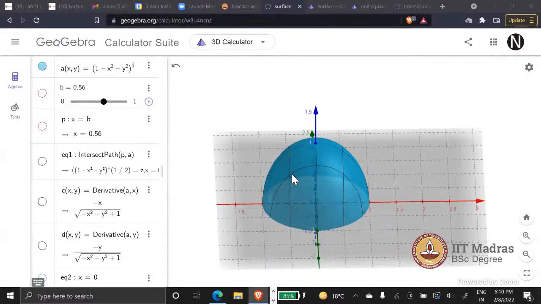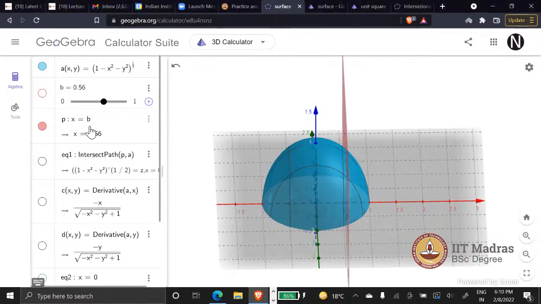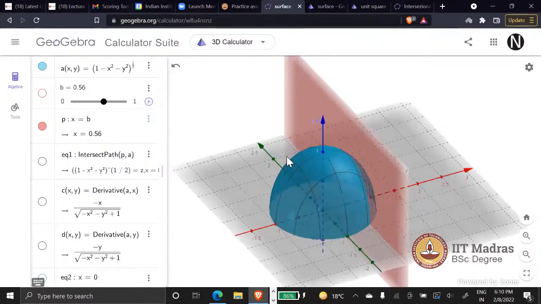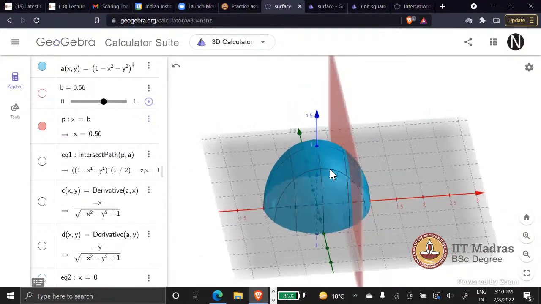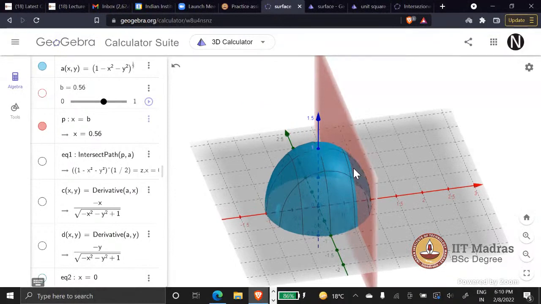Now, if I want to fix some x and slice this surface, right? So let's see this: x equals p here. This plane is intersecting the surface.